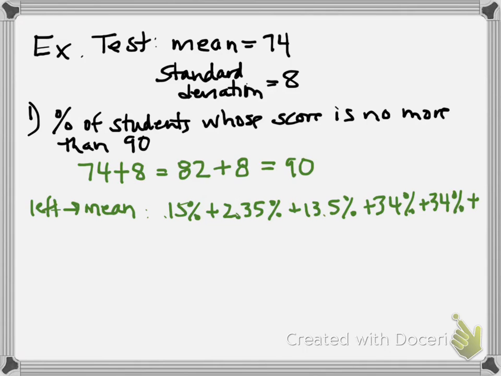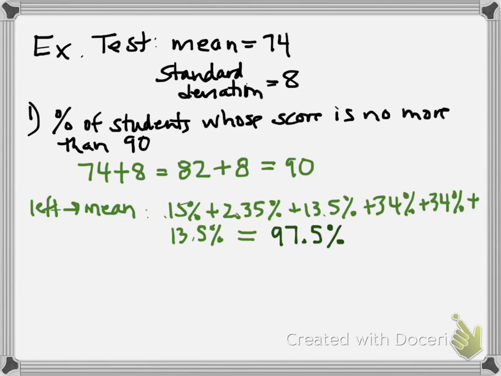Now, when I add 1 standard deviation to the right of the mean, I've gone another 34%. And when I go 1 more standard deviation, how much more have I gone to the right? What's that next percent? That's at 13.5. Okay, if I add all of those up, I get a grand total of 97.5%. Now, the other option would be to say, okay, what I didn't cover was the 2.35 and the 0.15.